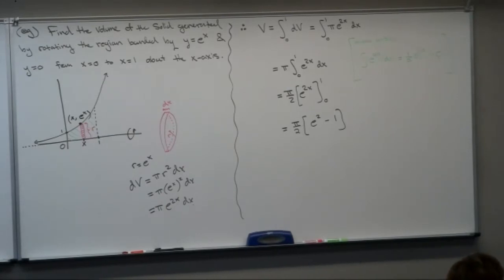So, solids of revolution and the disk method. If you apply the same logic to a region where there's a gap between the region itself and the axis of rotation, you'll yield something called the washer method.